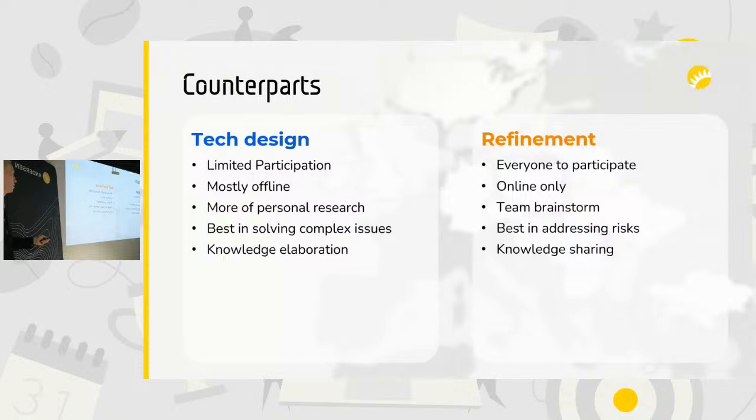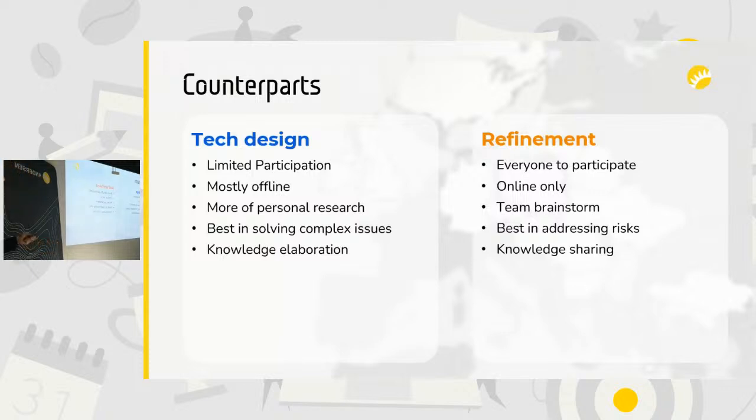And if you separate them, then you will see that refinement is much better in addressing risks that are not obvious, which can be solved with lots of people involved. The only way to find such risk is to get more people together. You cannot sometimes see everything by yourself.